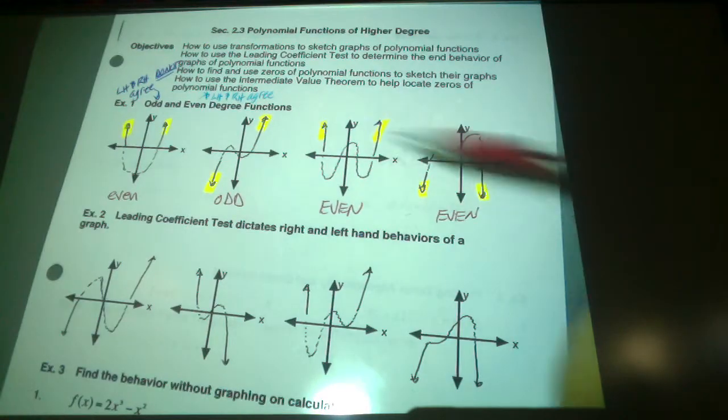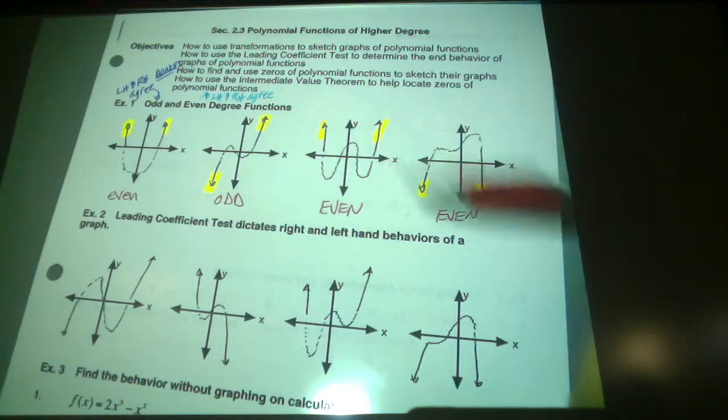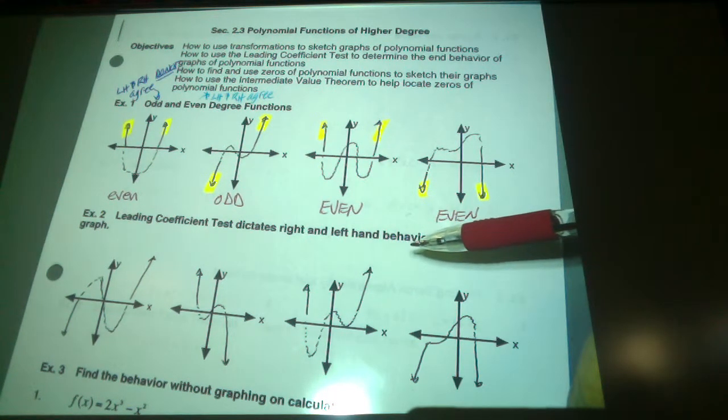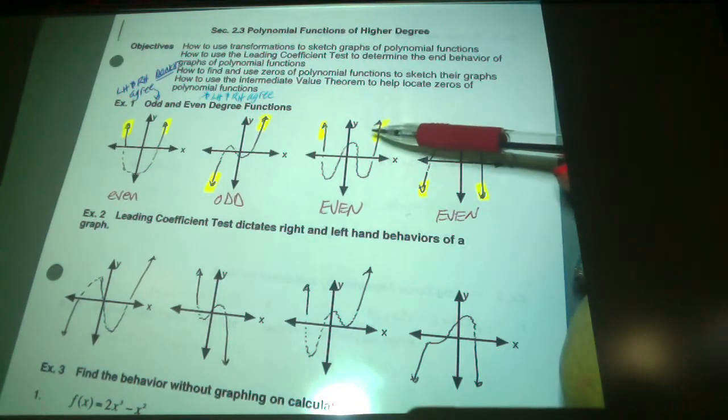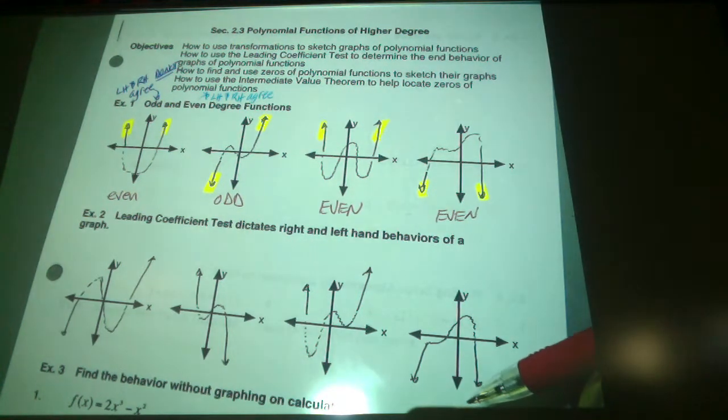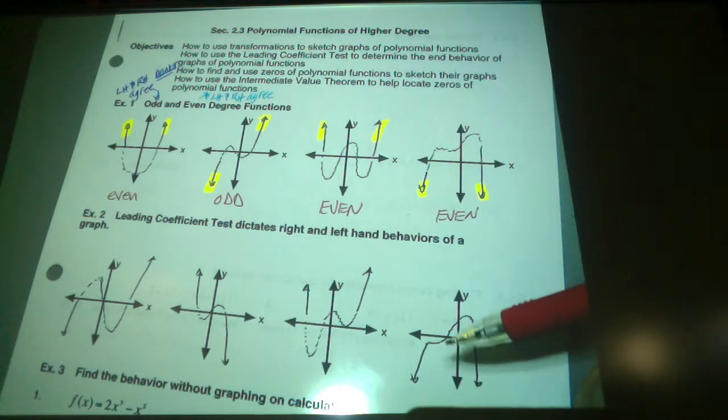This one's up, this one's down. What does that tell you? Not an inverse. What did we learn day before yesterday about something that causes the graph to turn upside down? A negative where?